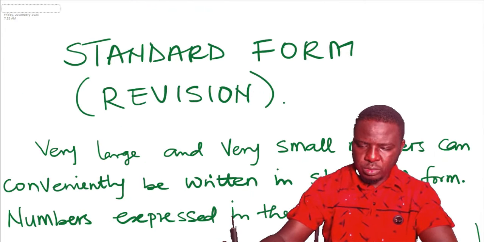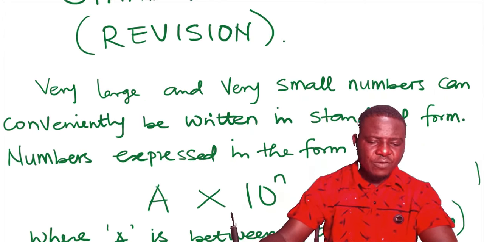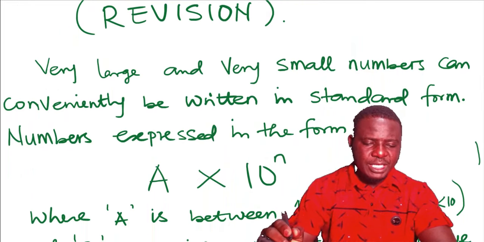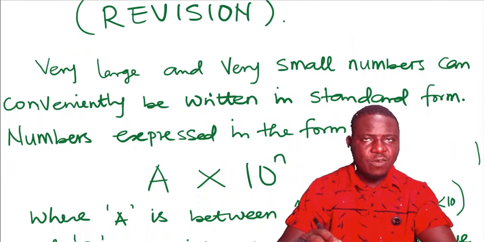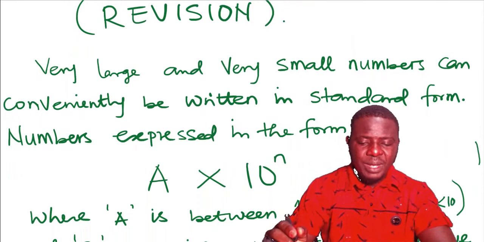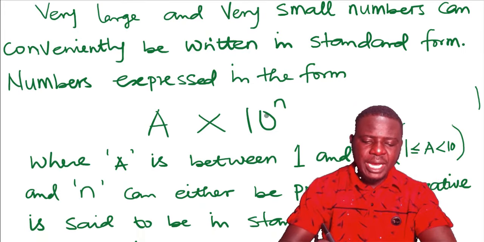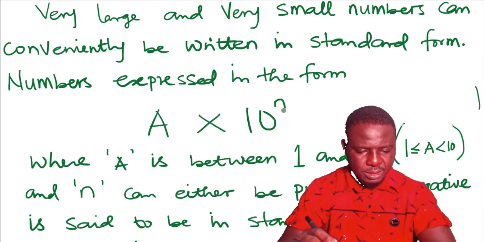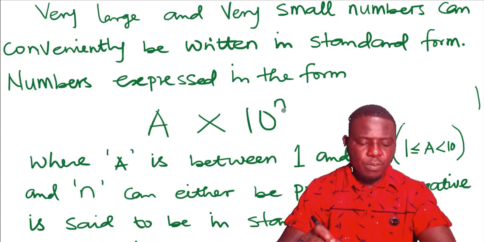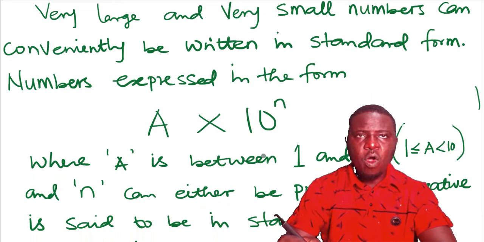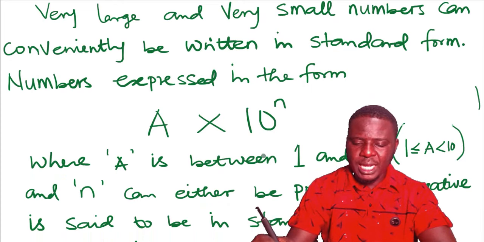As a revision, we say that very large and very small numbers can be conveniently written in standard form, and numbers expressed in the form a times 10 raised to the power of n is said to be in standard form, where a is a number that falls in between 1 and 10.